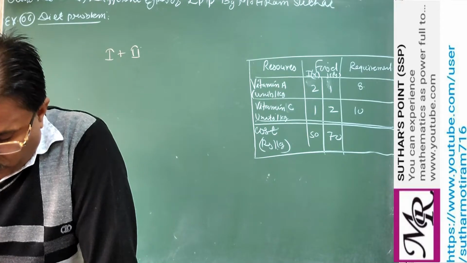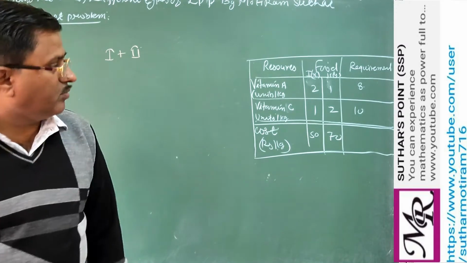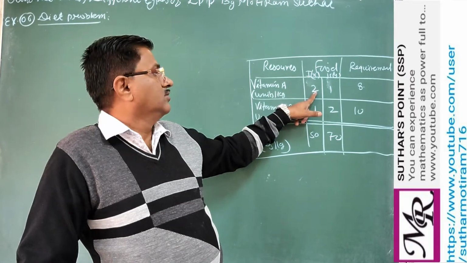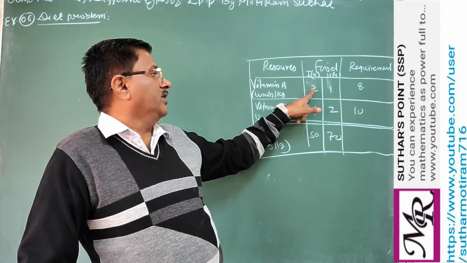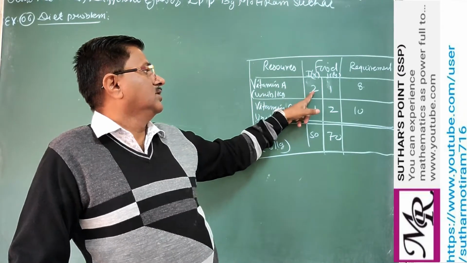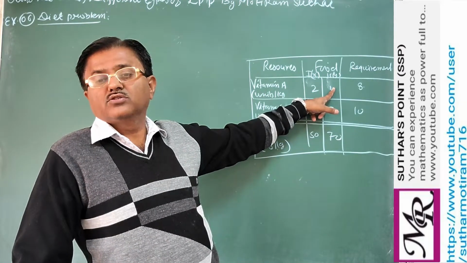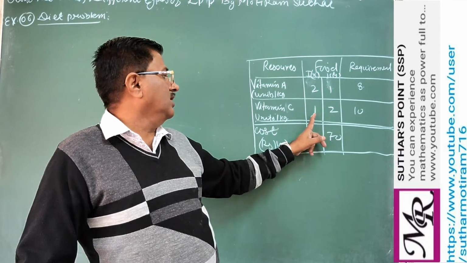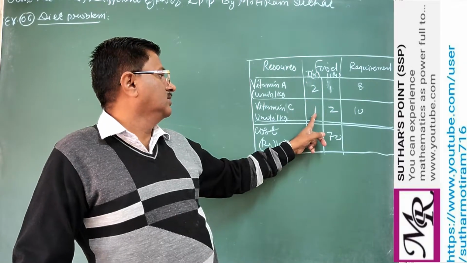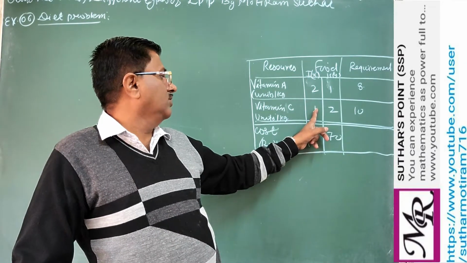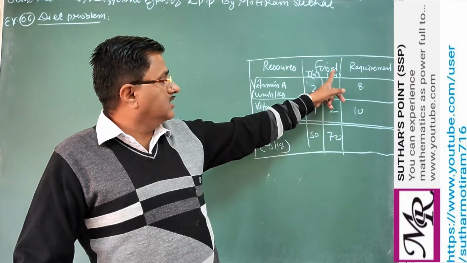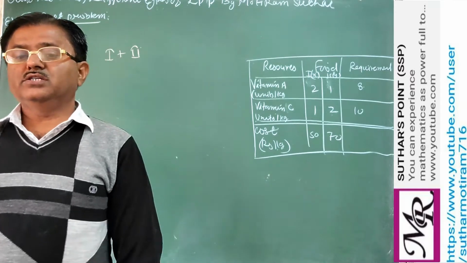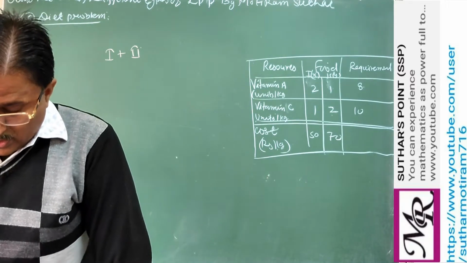Also, the first food contains 2 units per kg of vitamin A, and the second food contains 1 unit of vitamin A per kg. Similarly, the first food contains vitamin C as 1 unit per kg, and the second food contains vitamin C as 2 units per kg. So this information is also given.